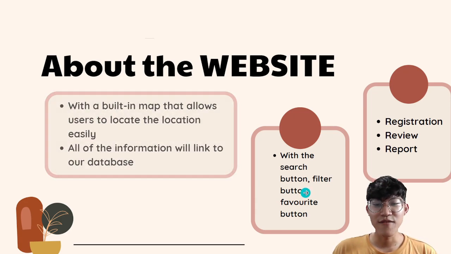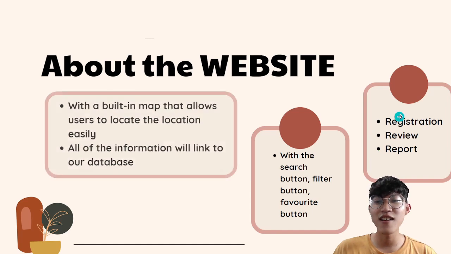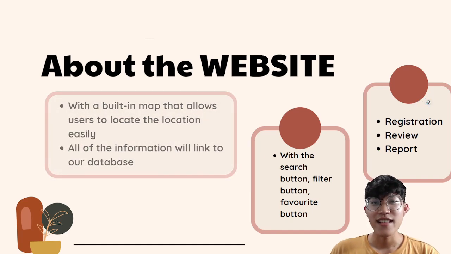Finally, for our data, how we manage our data is through this 3R managing process. So firstly, any user that has logged in to our website and has a public location they want to share to the community can register the location via the registration button.